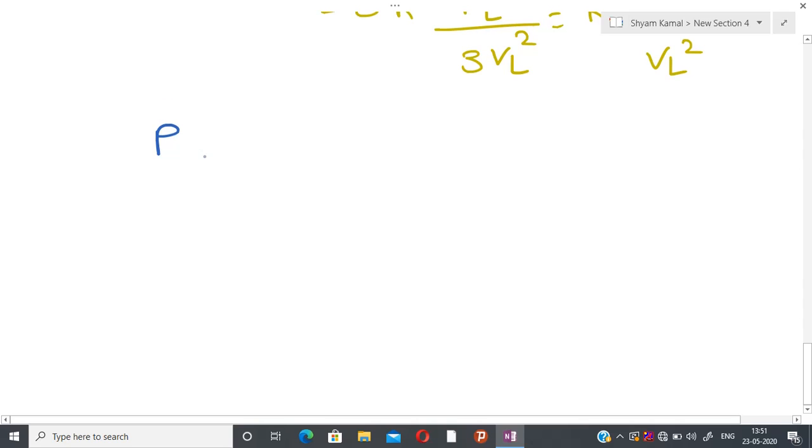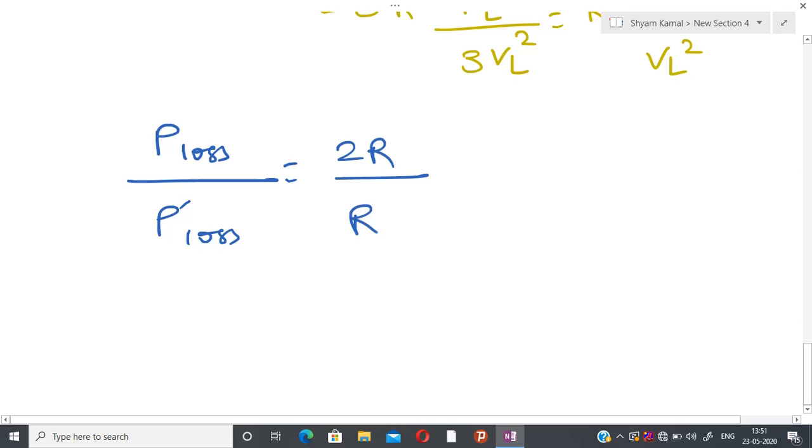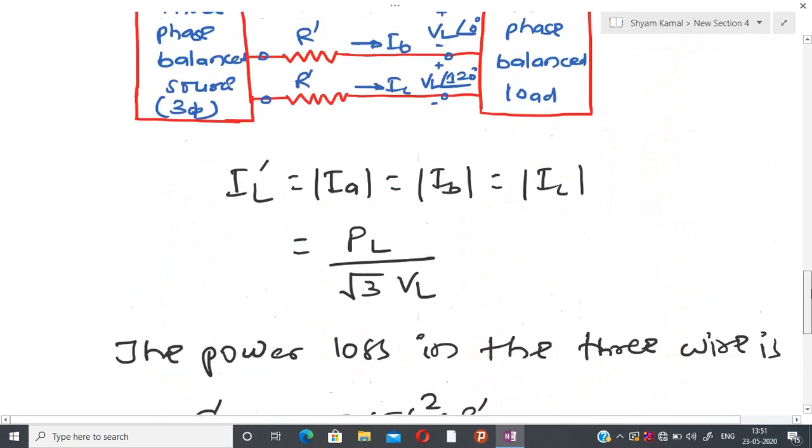Due to that reason I am able to write the loss in the one phase by loss in the three phase wire like this, 2R by R dash. So that is just by dividing the two power loss equations. Let us again recheck it.